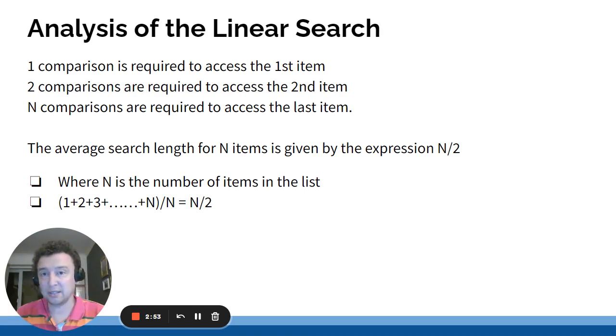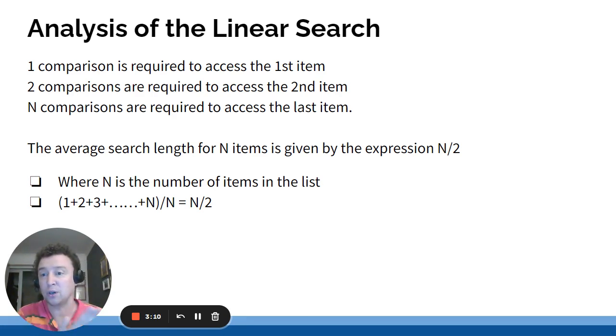If you look at any linear search, if you need to access the first item, say you're searching a list and it happens to be the first item in the list, 1 comparison is required. 2 comparisons are required if the item's the second in the list.